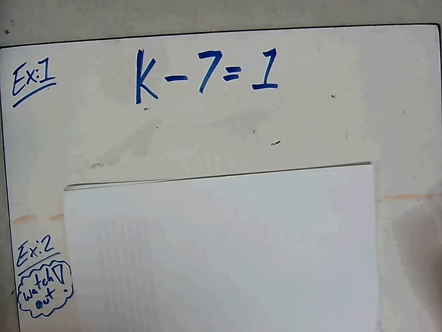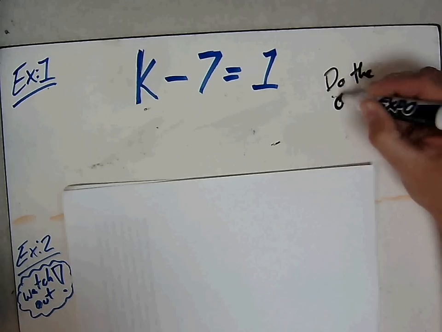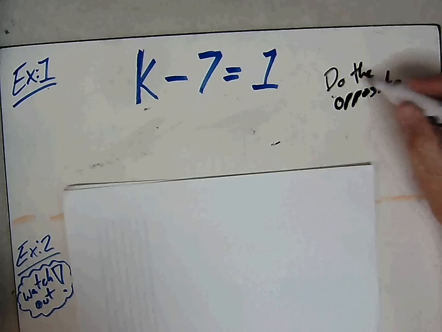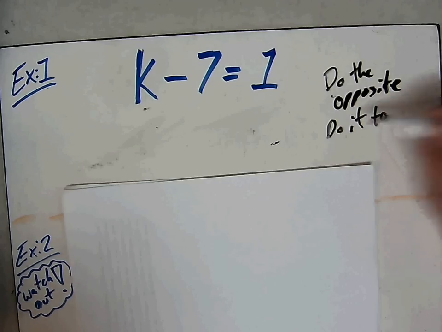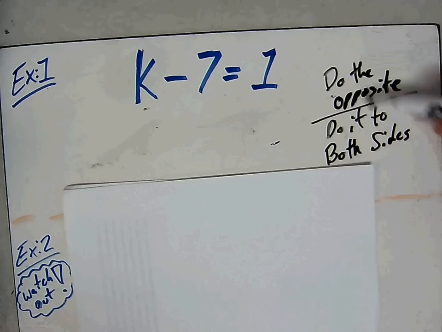You have to do the opposite, and you have to do it to both sides. You have to do the opposite and do it to both sides. That's how you balance an equation.